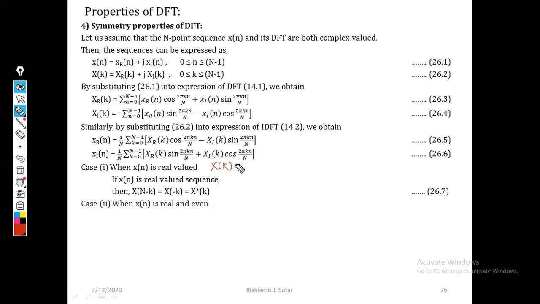Write it as x of k is equal to summation n runs from 0 to n minus 1, x r of n plus j x I of n, and then cosine of 2 pi k n by capital N minus j sine of 2 pi k n by capital N. So this expression we have to use, and we derived this just now when we were doing the exercise.